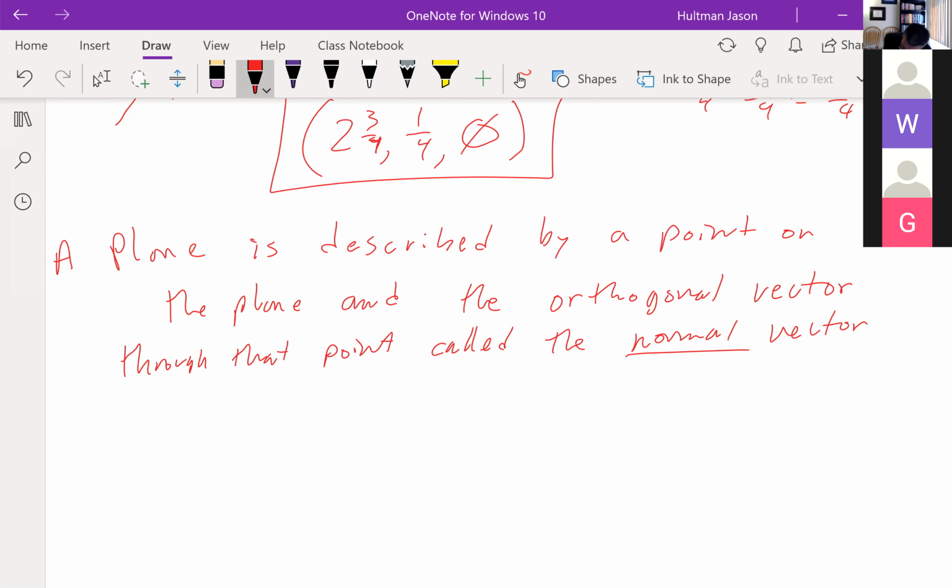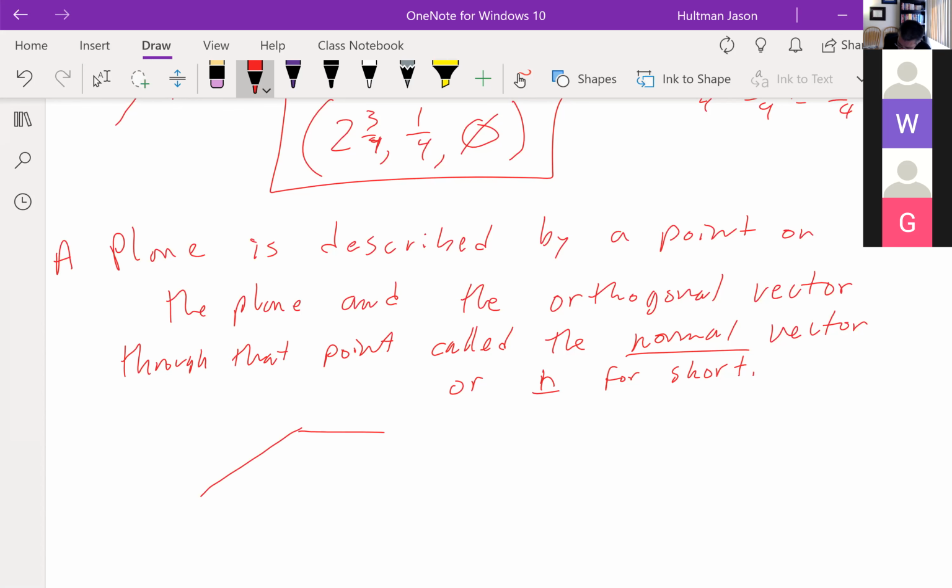Okay, so it's a point on a plane. Normal vector, or lowercase n for short. The normal vector to the plane.